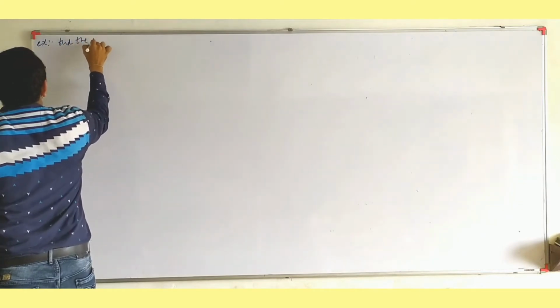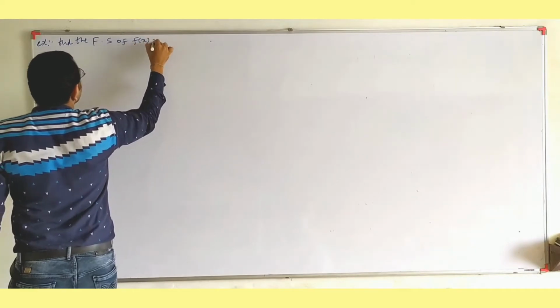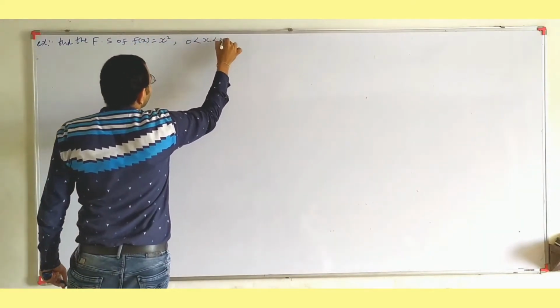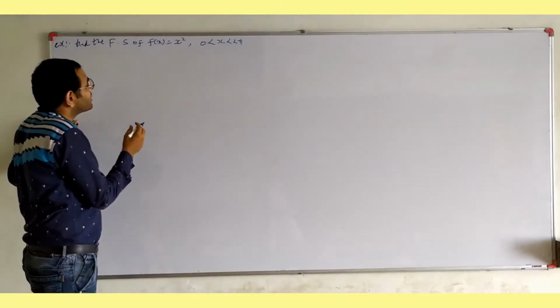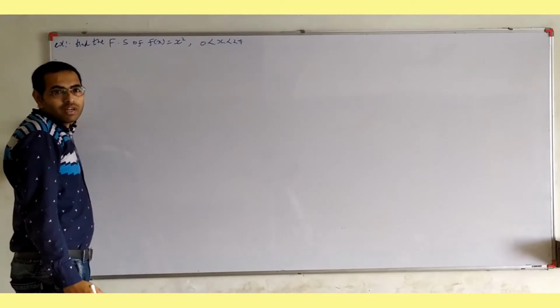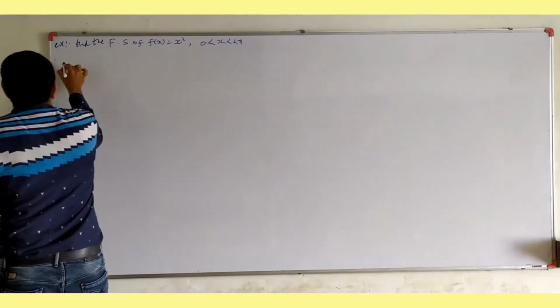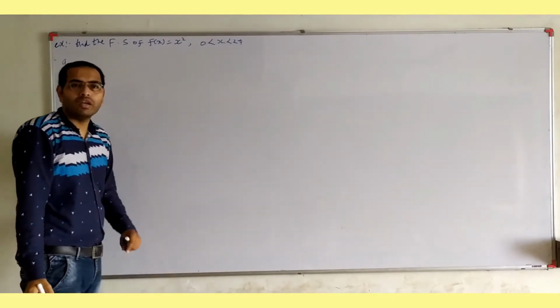Find the Fourier series of the function x square, where 0 is less than x less than 2 pi. So first of all, we will find a0, then an.